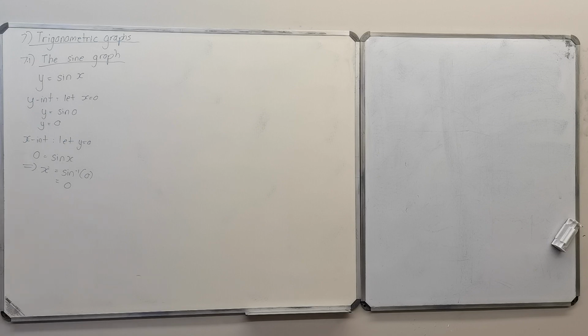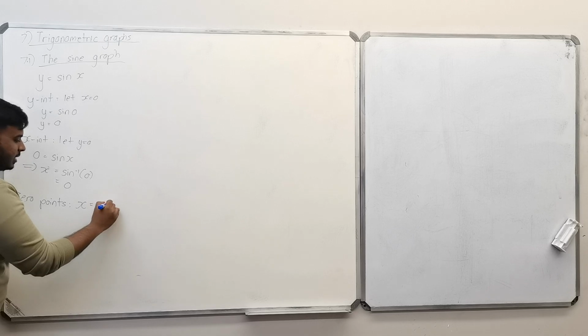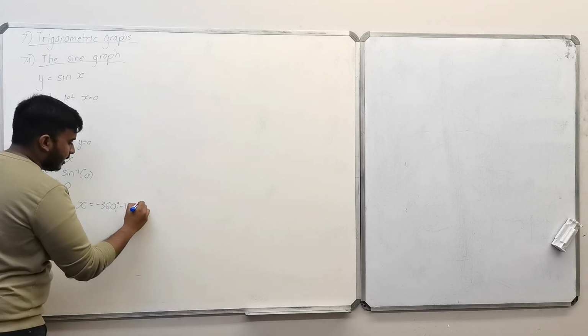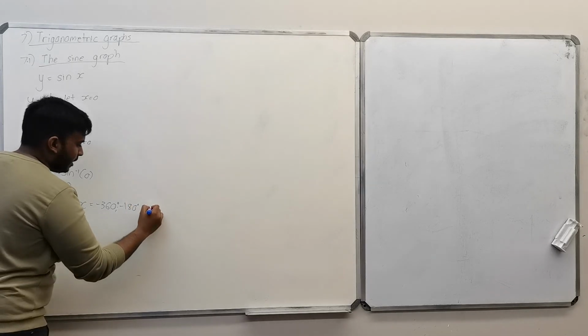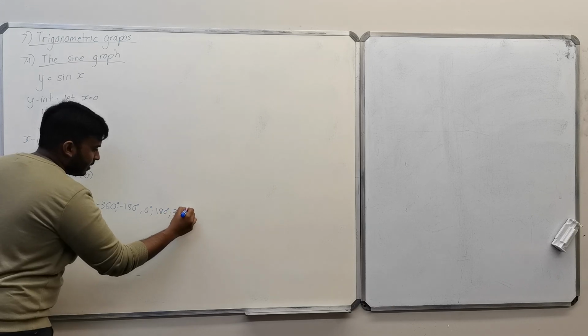So for the sine graph, y is equal to sine of x. X is equal to, we call them the 0 points, so it's equal to values of negative 360 degrees, negative 180 degrees, 0 degrees, 180 degrees, 360 degrees.